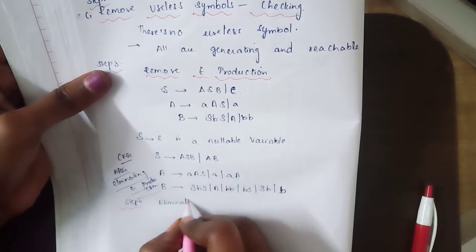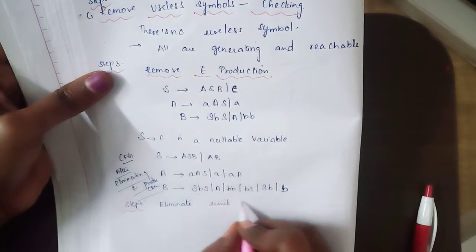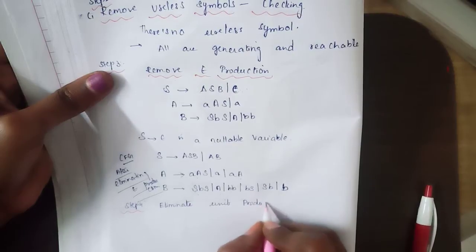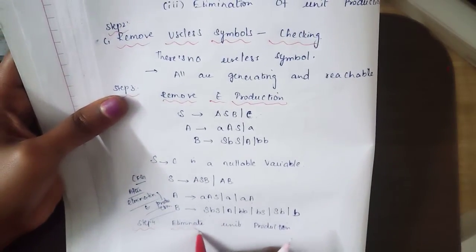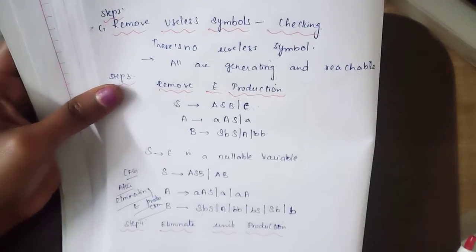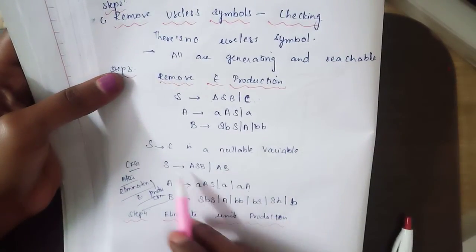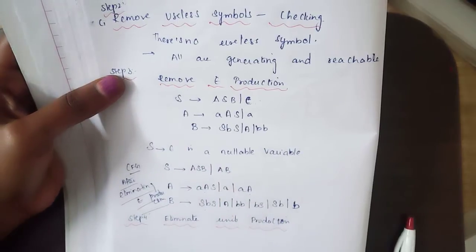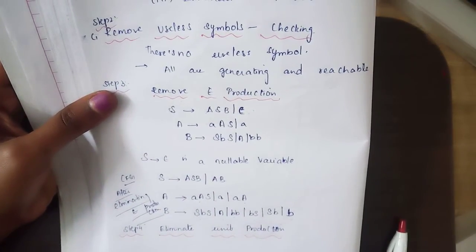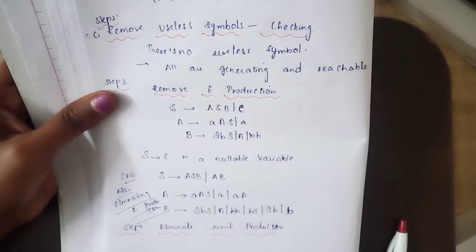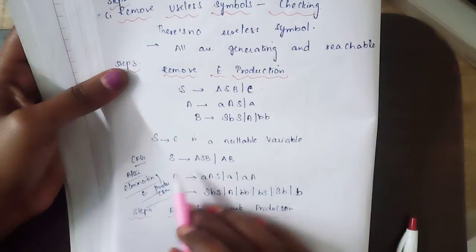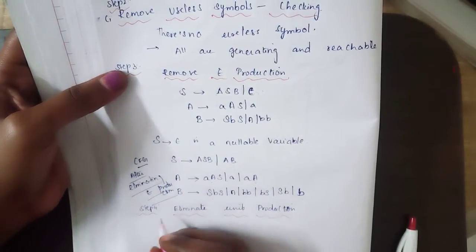We have to eliminate the unit production. So what is meant by unit production? Eliminate unit production. So how? See this grammar, is any unit production there?